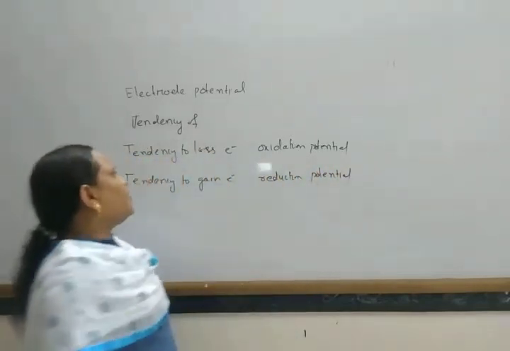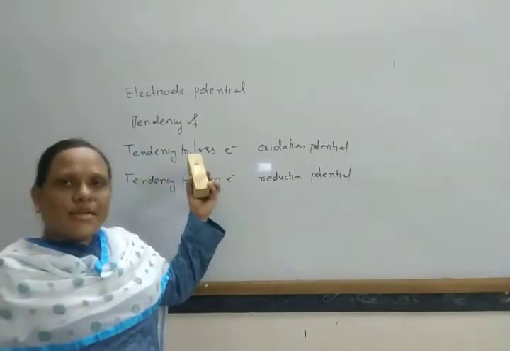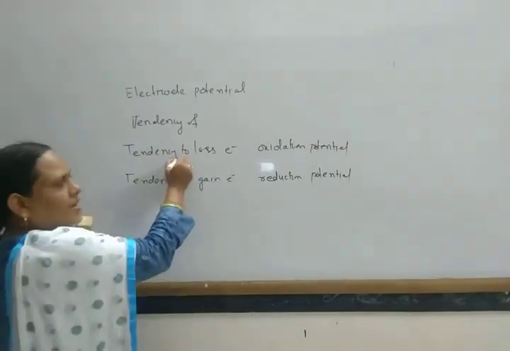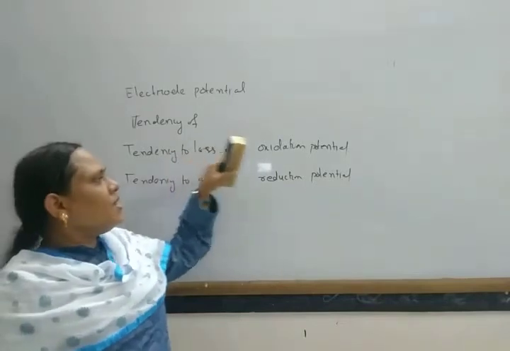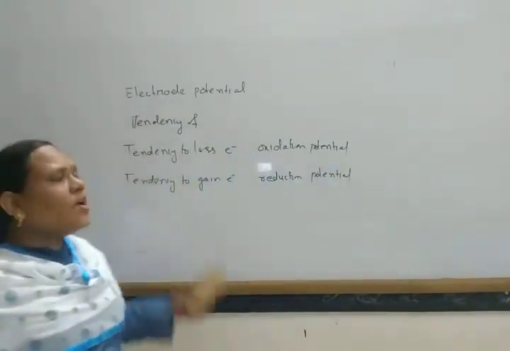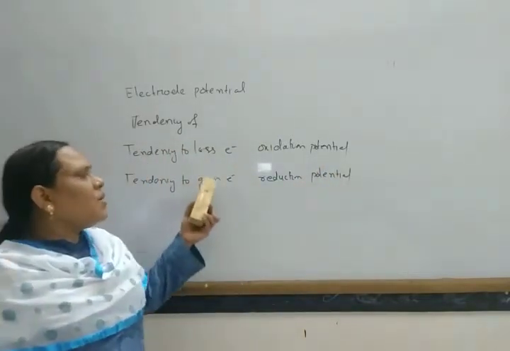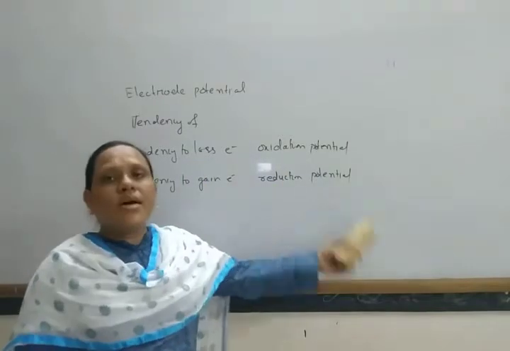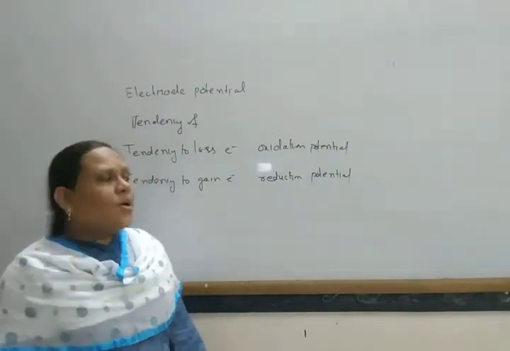The tendency of an electrode to lose electron is known as oxidation potential, but the tendency of an electrode to gain electron is known as reduction potential.